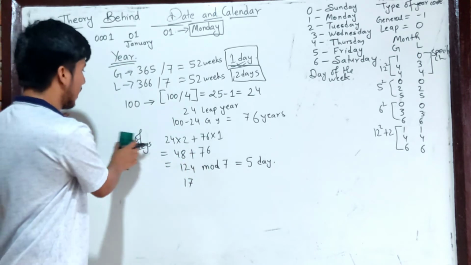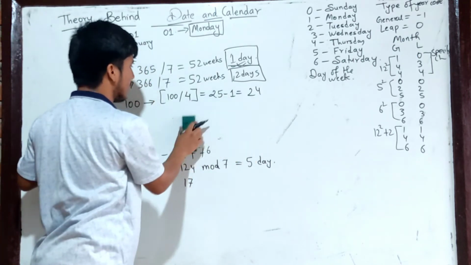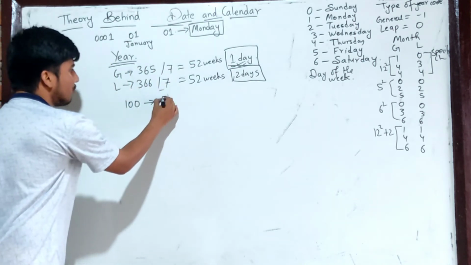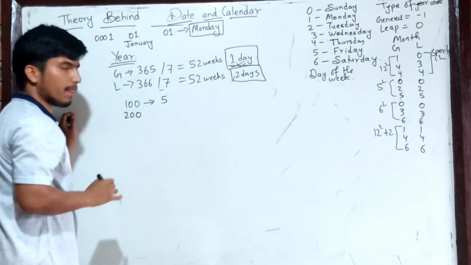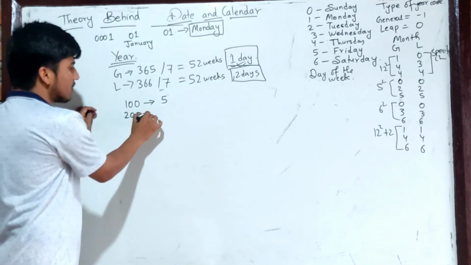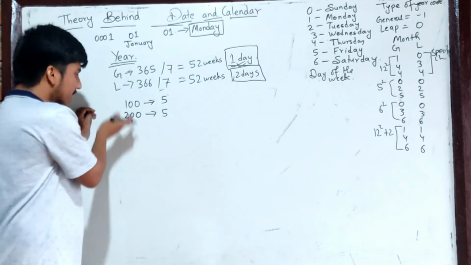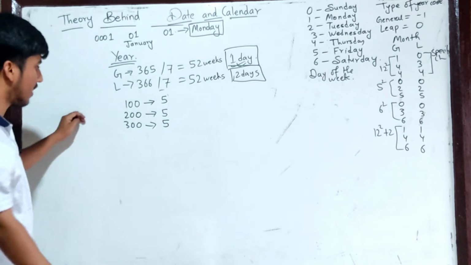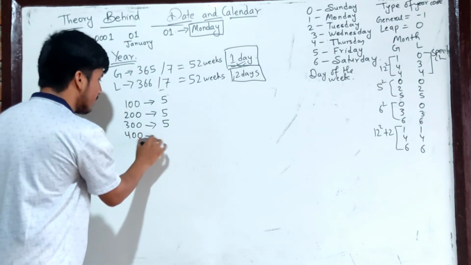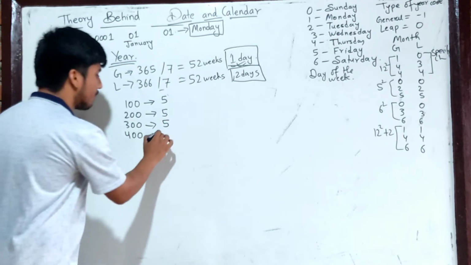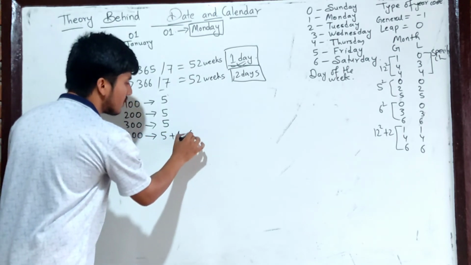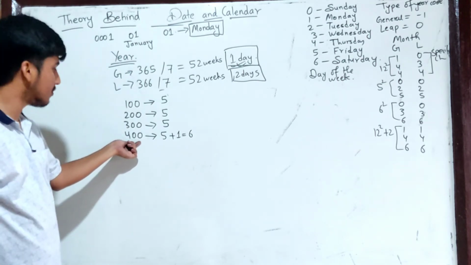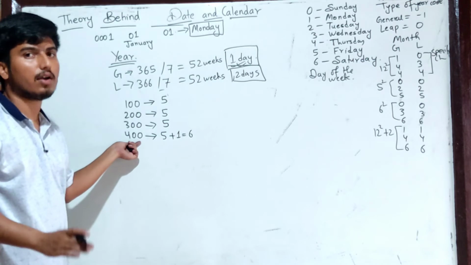Now let's take this value, the number of odd days in a century, that is equal to 5. So in 200, in another 100 years, we will have another 5 odd days. In another 100 years, we will have another 5 odd days. And in 400, in another 100 years, we will have 5 plus 1 is equal to 6 odd days. Why? Because the century that's exactly divisible by 400 is also a leap year.